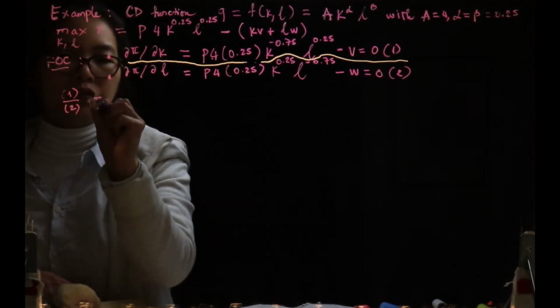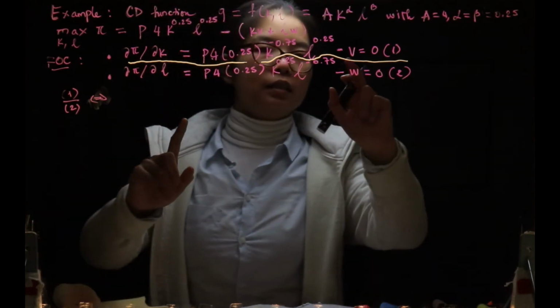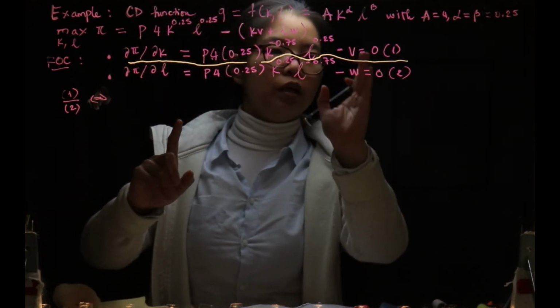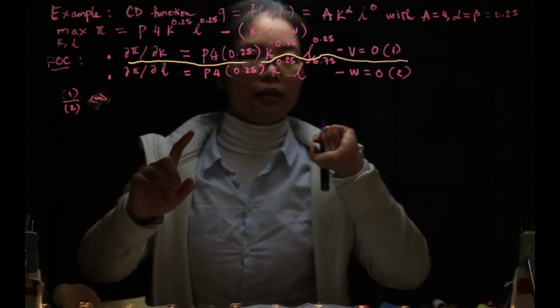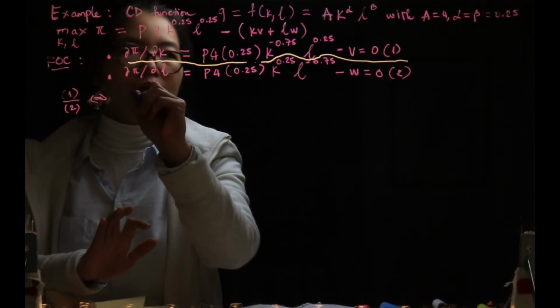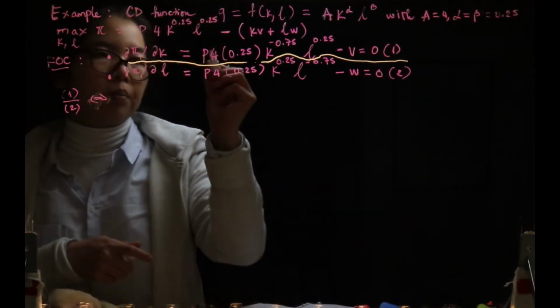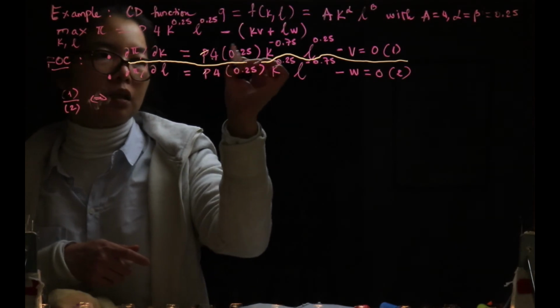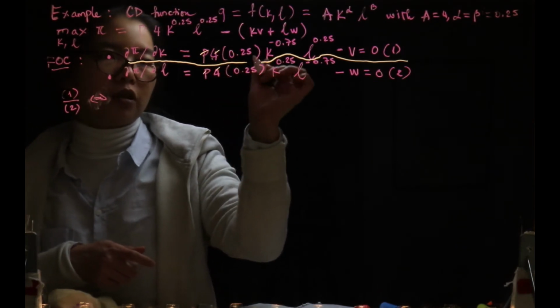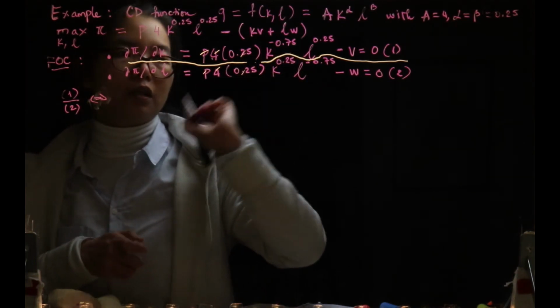Let's put it equivalent now. But before dividing, let's put V and W to the right hand side implicitly in your head. So on the left hand side we have P is gone, 4 is gone, simplified now, divide, so everything here is gone.